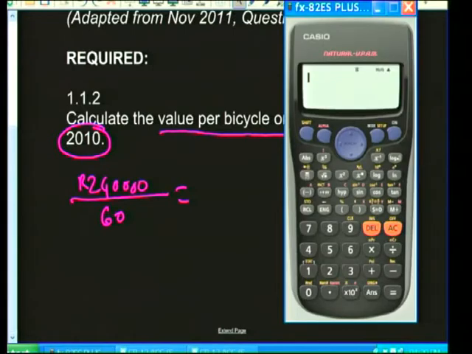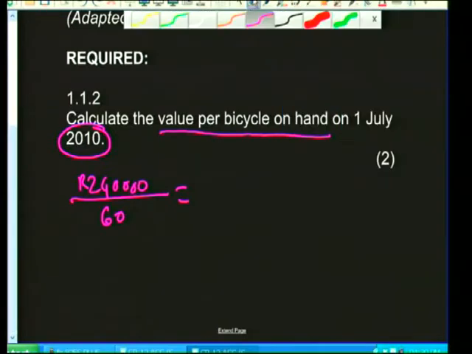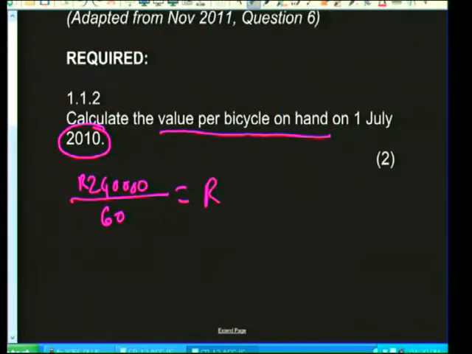So you'll grab your calculator, do the calculation, 240,000 divided by 60, and that comes to 4,000 Rand. So for 2 marks, we've already done it. We've calculated the value of a bicycle on hand. It's 4,000 Rand. 2 marks, calculated and done. This is a question where you can pick up several marks quite easily, provided you know your theory very well.